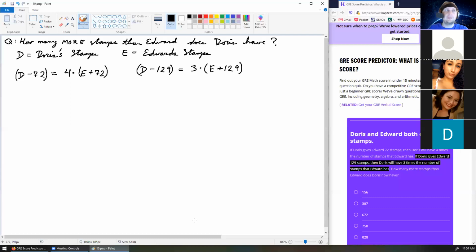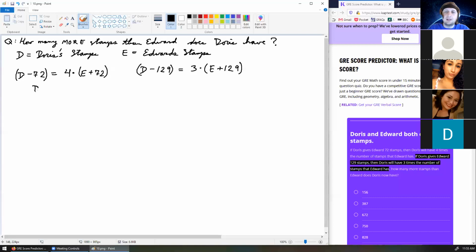Let's pick one of them. Let's pick this one, how about? And should we solve for D or E? D. Okay. D is probably going to be easier because all we have to do is just bring the 72 over, right?